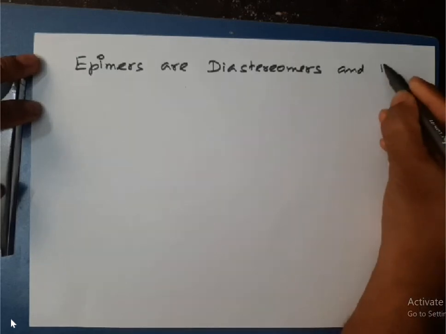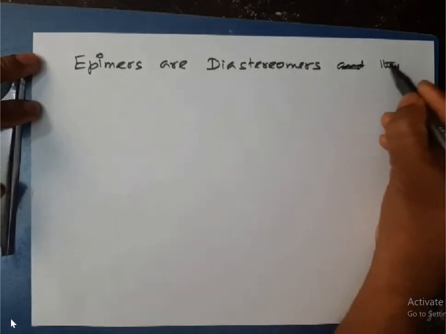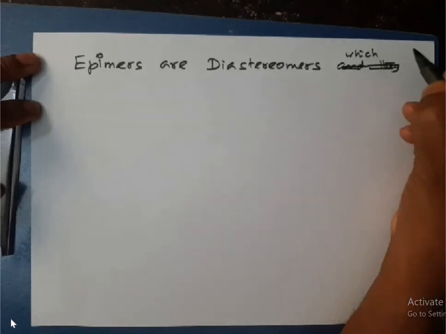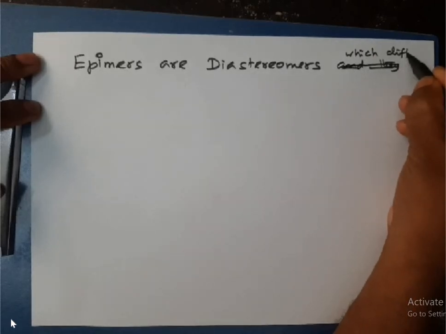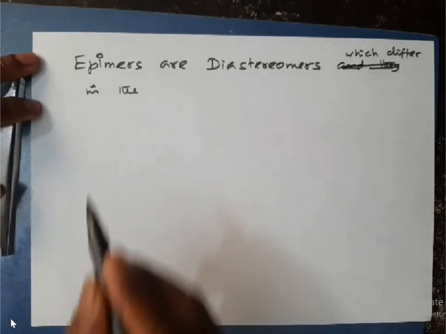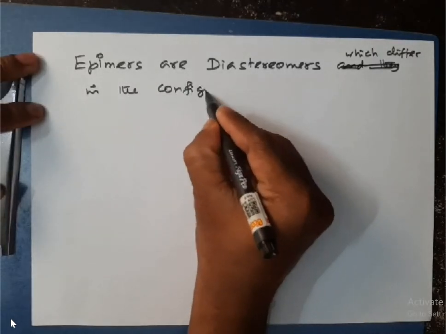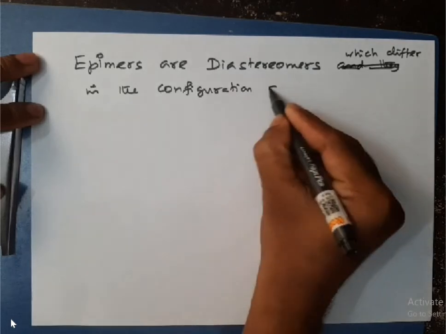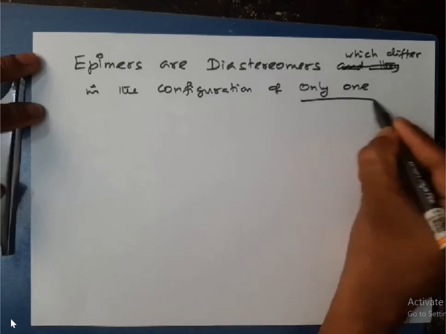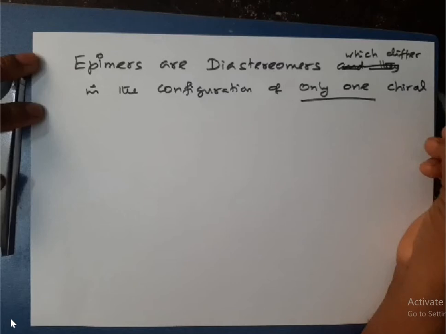Epimers are diastereomers which differ in the configuration of only one chiral center, or asymmetric center, only one chiral carbon.